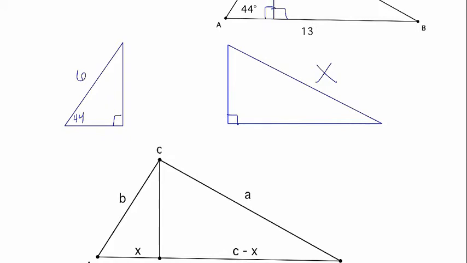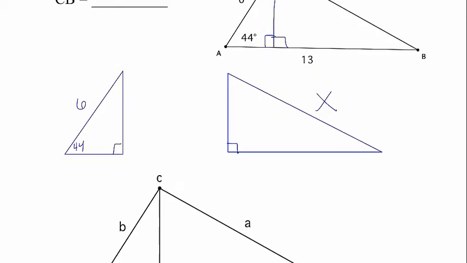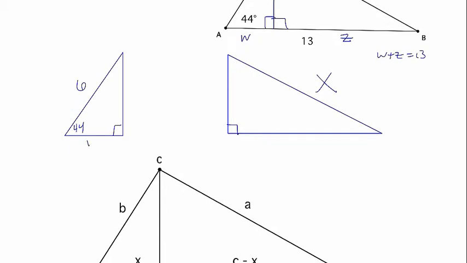So my plan is this. If I can find this piece, which I'm going to call W, and then I could find this piece, which I'm going to call Z, I know that W plus Z is going to equal 13. And W is on this triangle on the left where I have enough information to do a cosine problem.